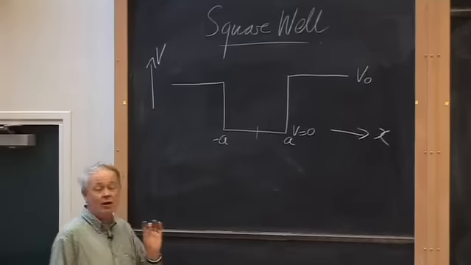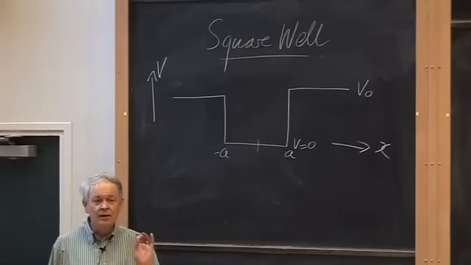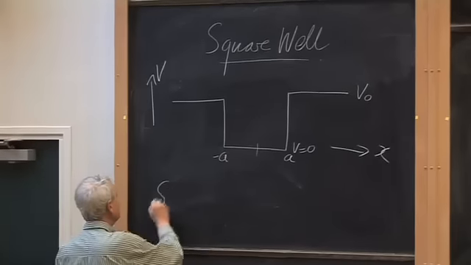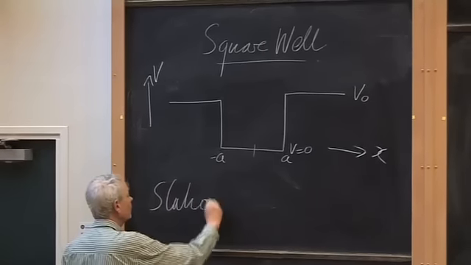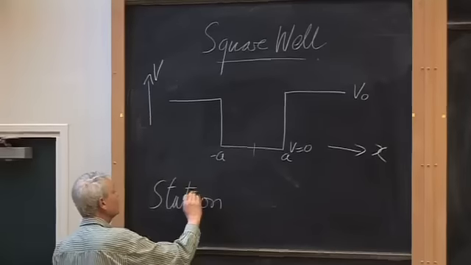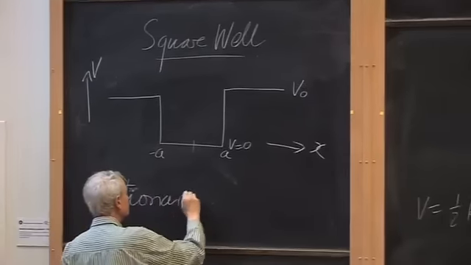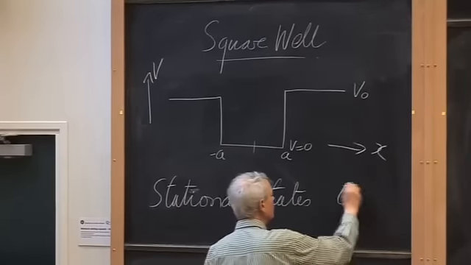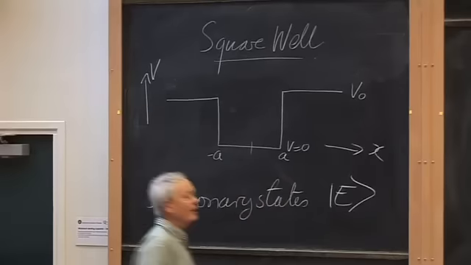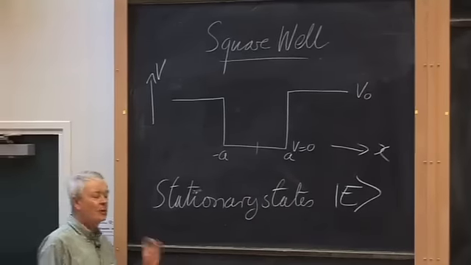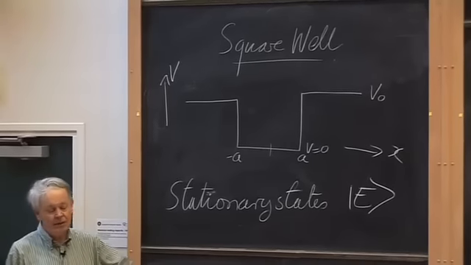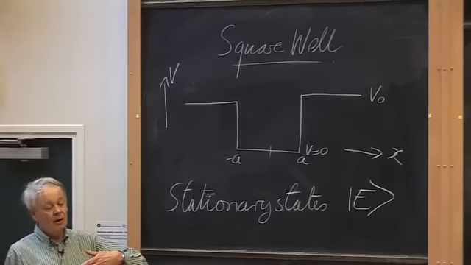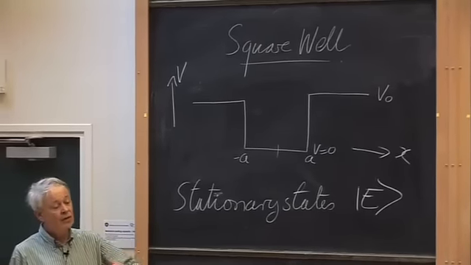In particular, what we're going to look for is stationary states, that is to say states of well-defined energy, which we write like that. We're interested in these because they enable us to solve the time-dependent Schrodinger equation trivially.